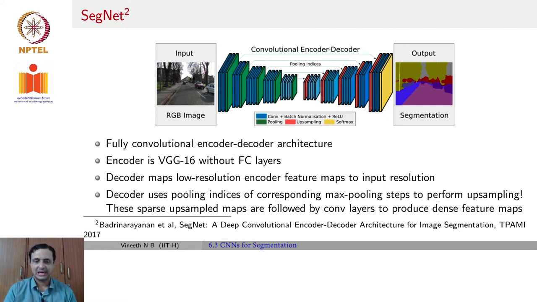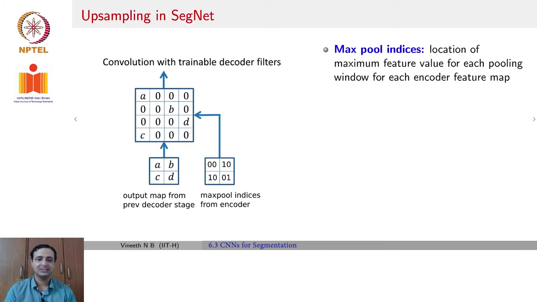So how does SegNet do the upsampling in that case? It actually uses the pooling indices that were obtained in the encoder layers and uses them to be able to upsample. Let's see how this is done. So if you had an output map from a particular decoder stage, we use the max pool indices from the original encoder. So let's assume the max pool indices were 0,0, 1,0, 1,0, and 0,1.